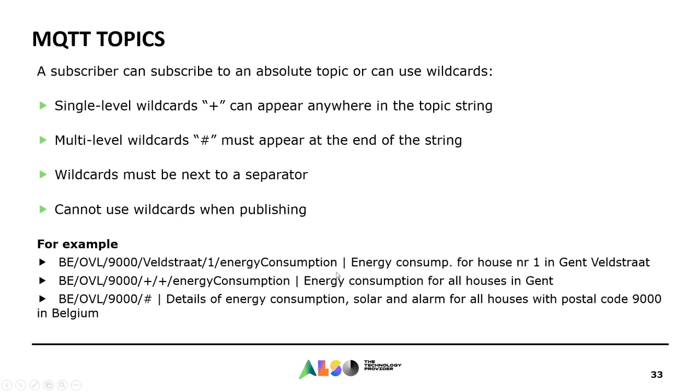So basically, it's the energy consumption for all the houses in Ghent. If you want to be more specific, you can add a street and a house number, and I want to have the energy consumption of just one house in Ghent. That's how you can use wildcards in your topic.